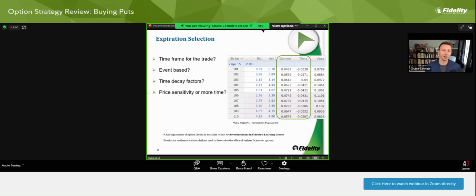You'll probably get a 1 month to expiration, or maybe give yourself a little bit more time and do a 2 month expiration put, knowing that the trade is really based on a short term thesis: the company's going to have poor guidance, they're going to miss top line and bottom line estimates, and the stock's going to plummet. For those reasons, you expect a short term movement downwards, and so you're probably going to right size your expiration to that need.